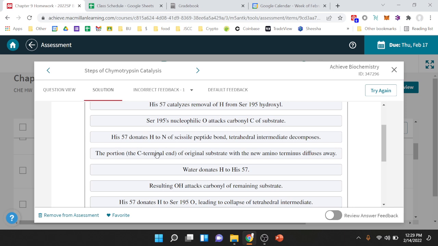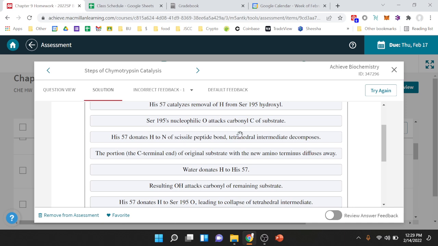The C-terminal end of the original substrate with the new amino terminus diffuses away. Okay, so this is obviously after you've done some portion of this reaction, right? Specifically, you have to have detached something, right? And notice what it talks about: the C-terminal end of the original substrate with the new amino terminus diffuses away. So you probably had to have broken some sort of amino terminus, right?